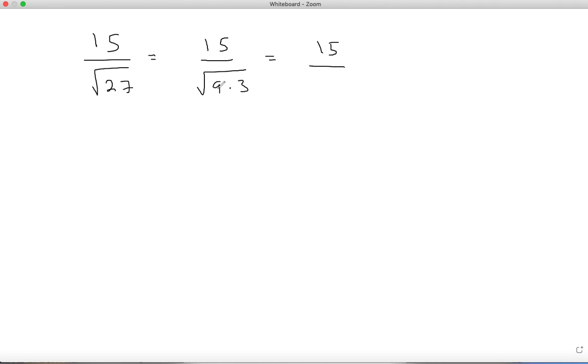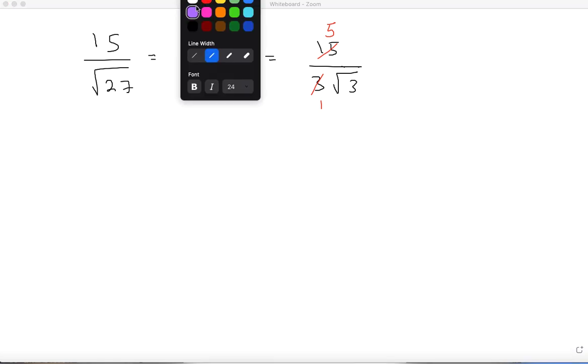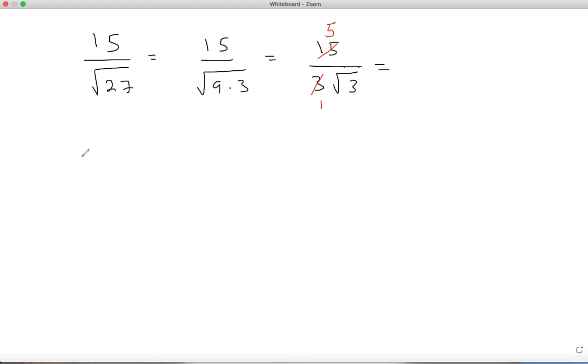And now with the 15, if I take the square root of 9, that's going to bring a 3 out front and leave behind a root 3. So now what I can do is reduce this part before I make it bigger with that root 3. So 3 goes into 3 one time, and 3 goes into 15 5 times. That gets me to a 5 and root 3.